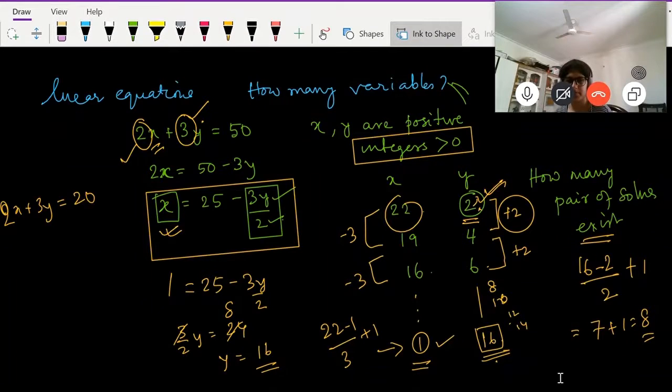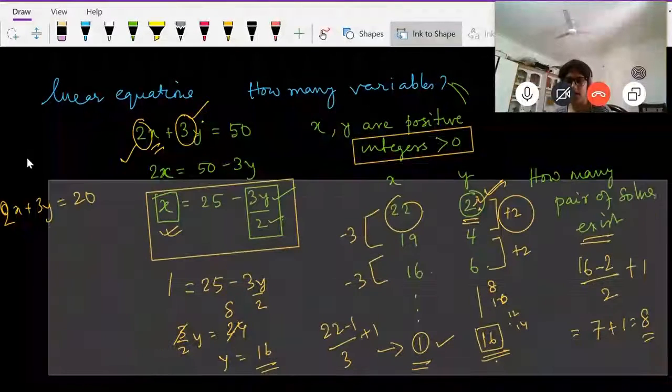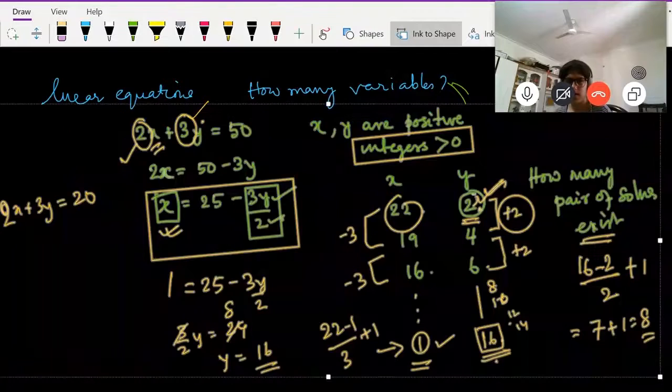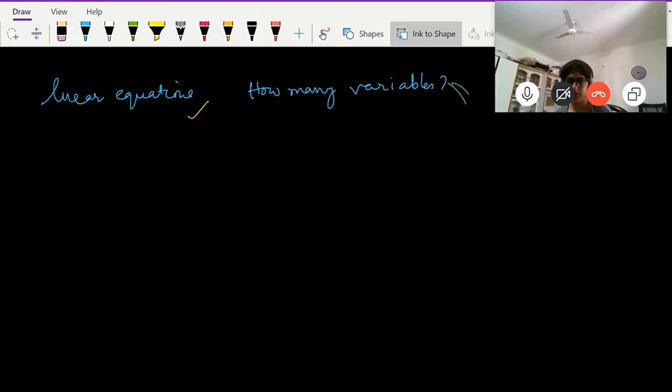Now tell me, if I have equations like 2x plus 5y is equal to 17, and 3x plus 8y is equal to 22, right? How many solutions will exist?